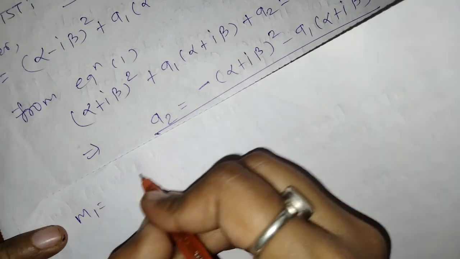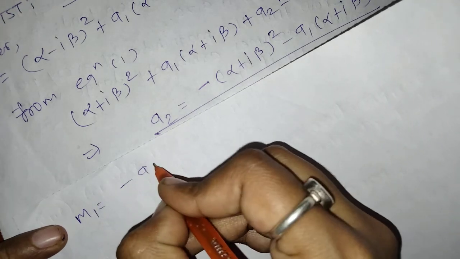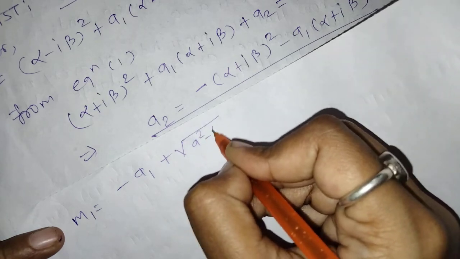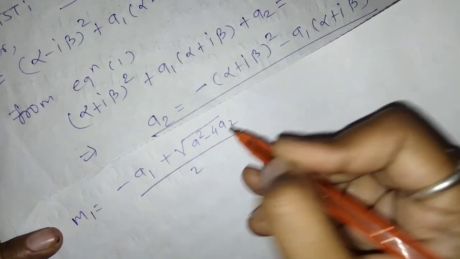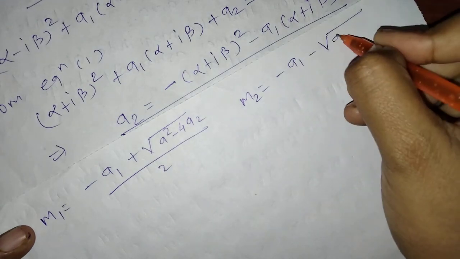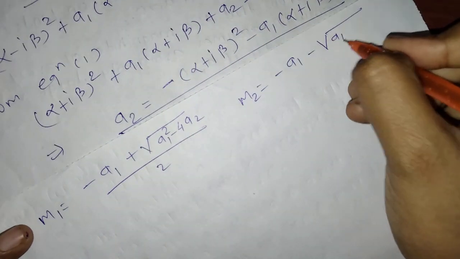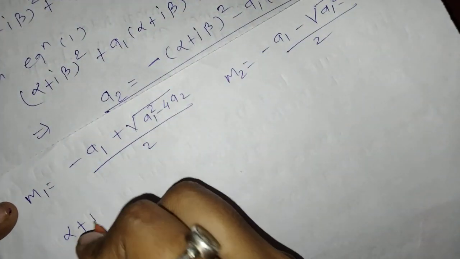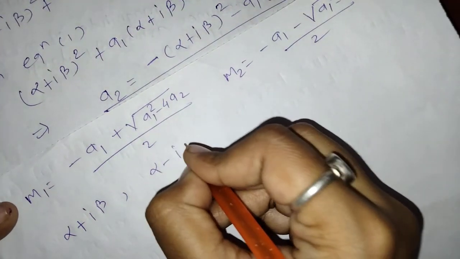we found that m1 is equal to minus a1 plus under root a1 square minus 4a2 upon 2, and m2 is equal to minus a1 minus under root a1 square minus 4a2 upon 2, and we have alpha plus i beta and alpha minus i beta.